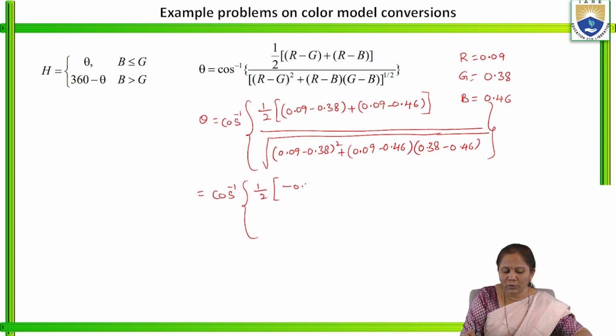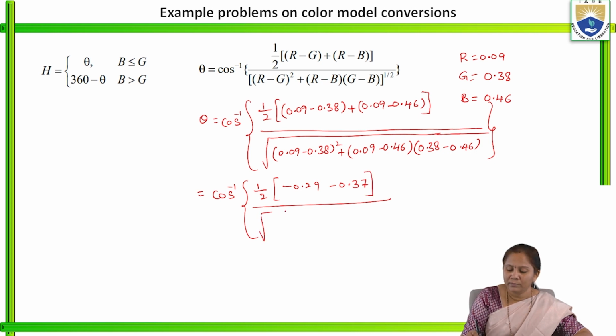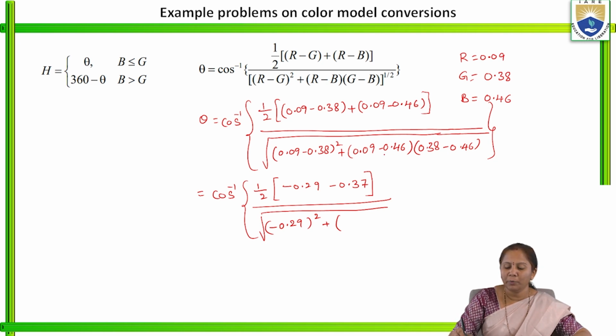It will be minus 0.29, and the difference between 0.09 minus 0.46 is equal to minus 0.37, divided by root of, the value of 0.09 minus 0.38 is minus 0.29 whole square plus, and the difference between 0.09 minus 0.46 is minus 0.37.